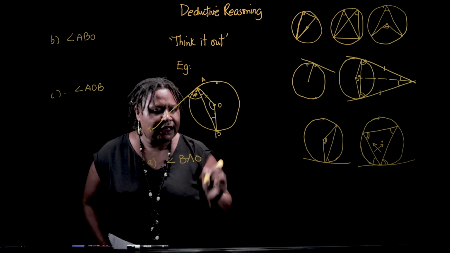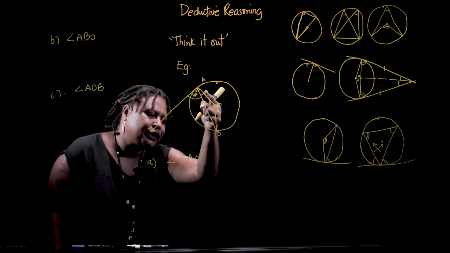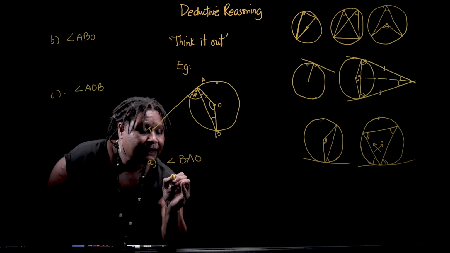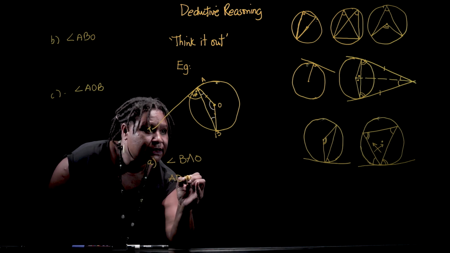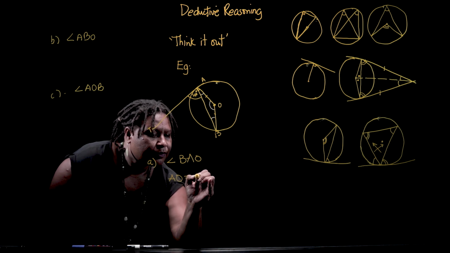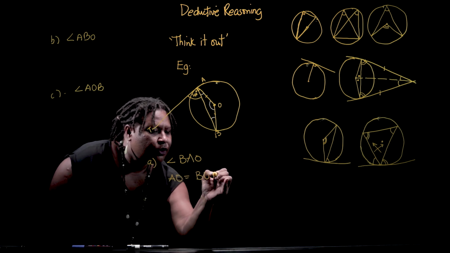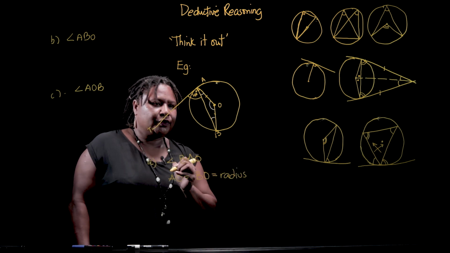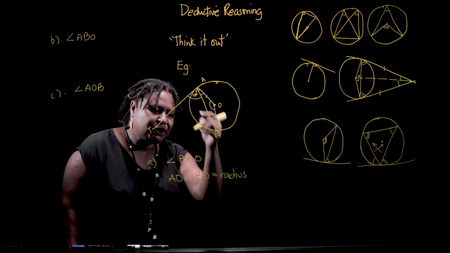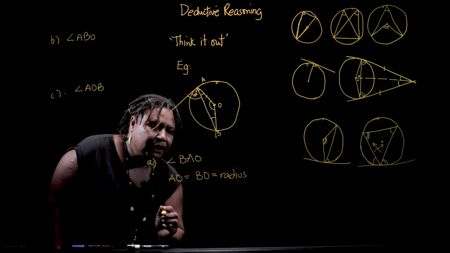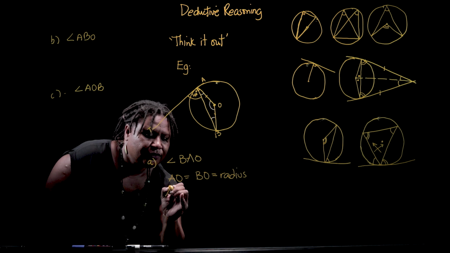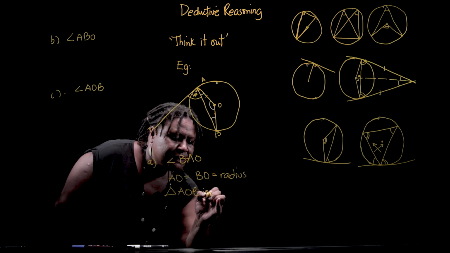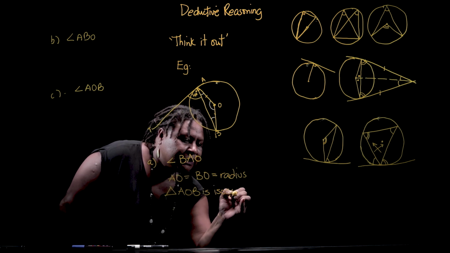So BAO, this angle here, how do we find that? If we have the two radii here, let's write this down. Line AO is equal to BO, which is equal to the radius. If the two sides of this triangle are equal, then triangle AOB is isosceles.